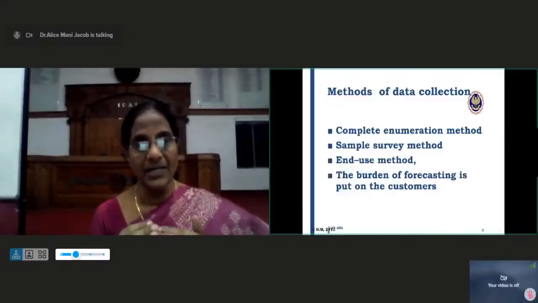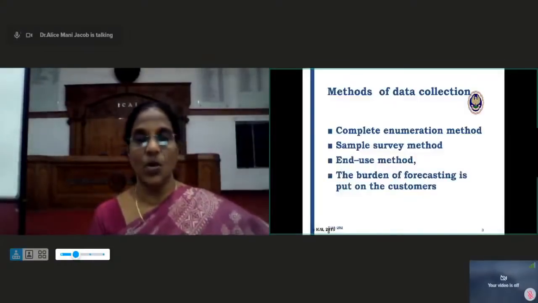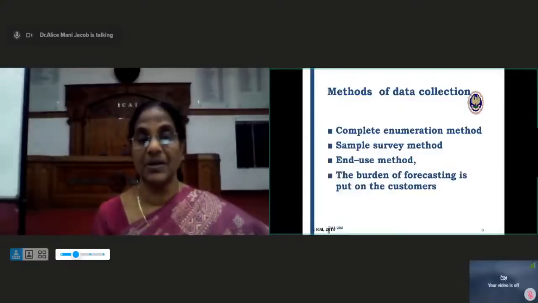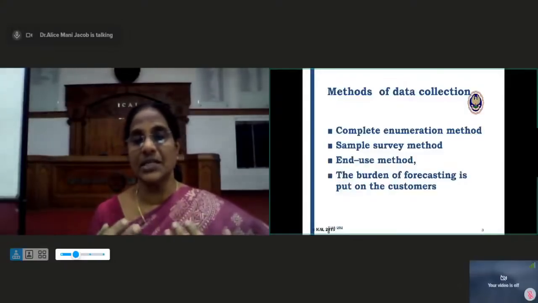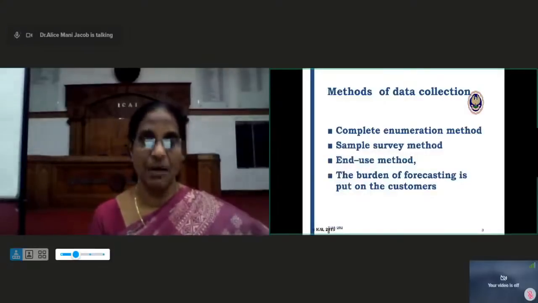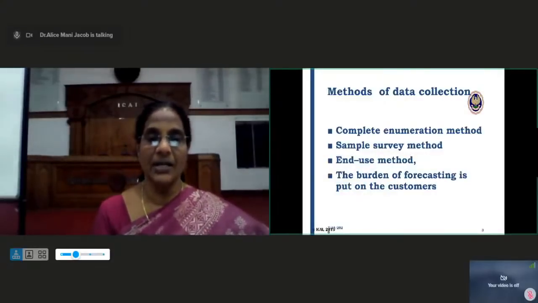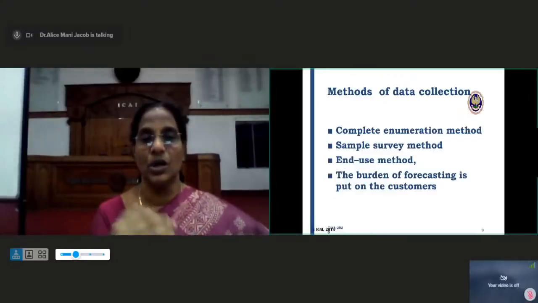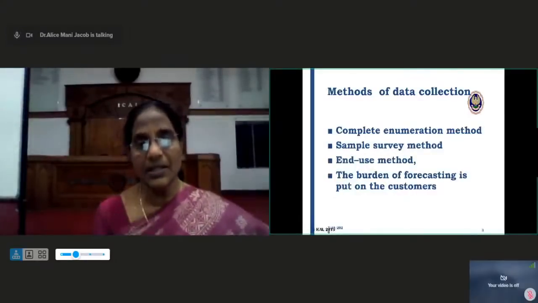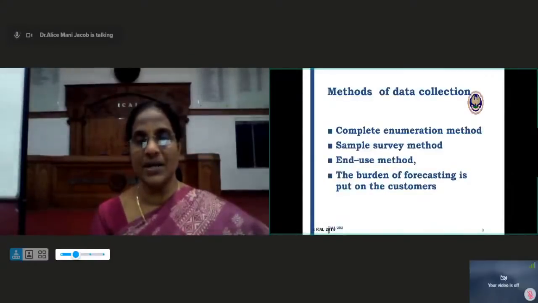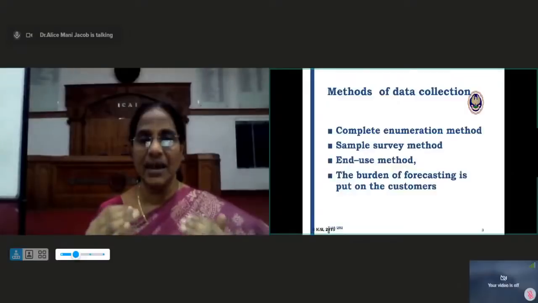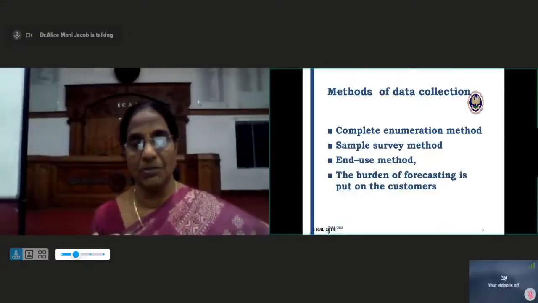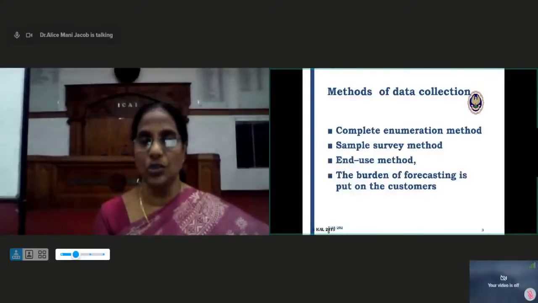Or if your number of buyers is less, as in the case of heavy equipments, land movers, building equipments, etc. It's not necessary because your number of buyers is less. For example, you are a manufacturer of tire and you want to supply it to your car manufacturers, then the number of people who are buying your product is less. Then you can also go for a complete enumeration method. That is, you ask each and every person, what is the possibility of your buying? How much do you want to buy?